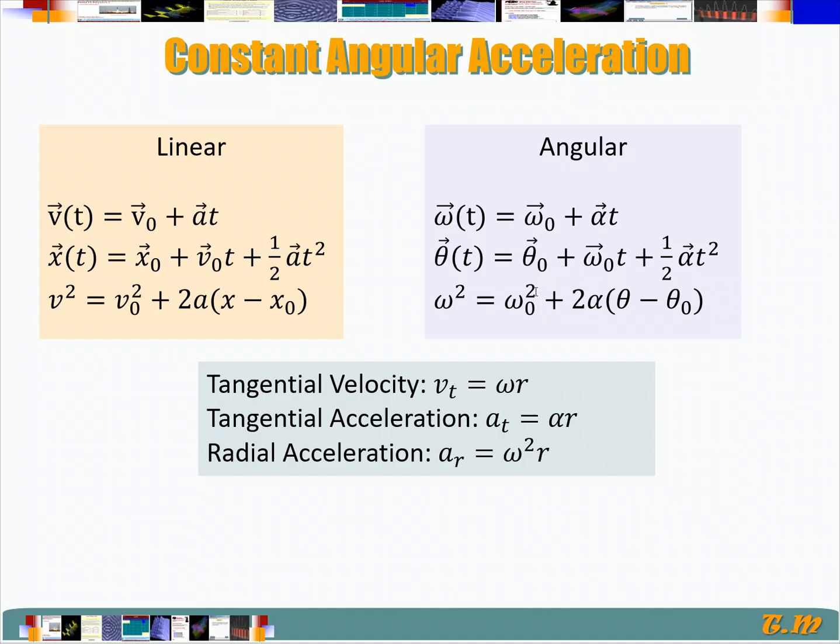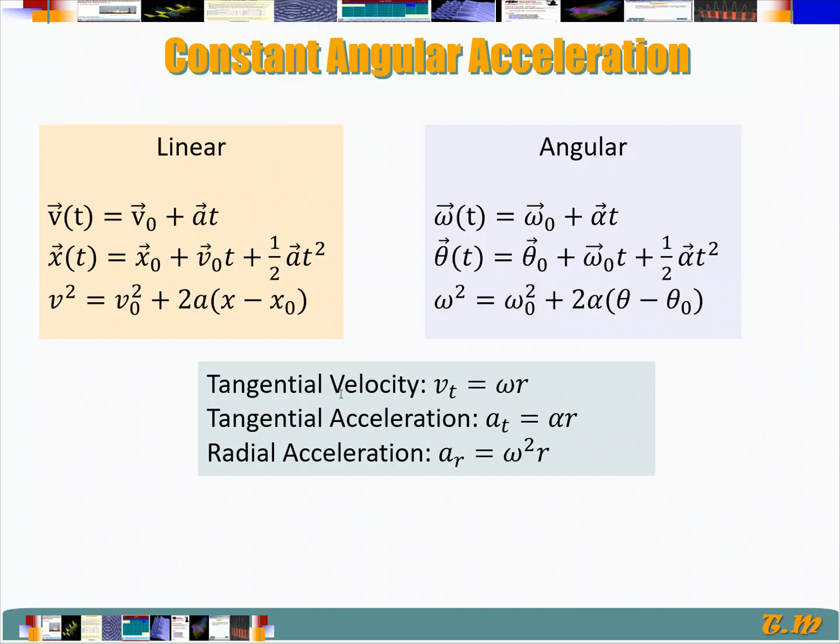These would be the equivalent expressions for rotational motion. Omega would be the equivalent of v, so instead of meters per second, it's going to be radians per second. Alpha is going to be the equivalent of a, so it's going to be the angular acceleration, expressed in radians per second squared. But you notice we have the same expression.